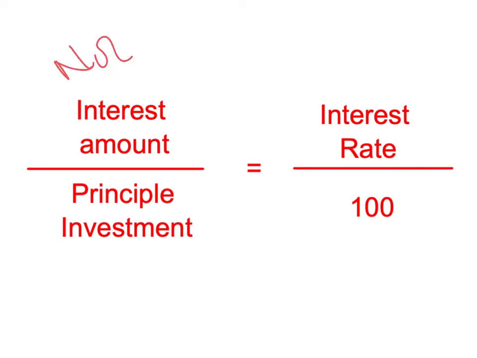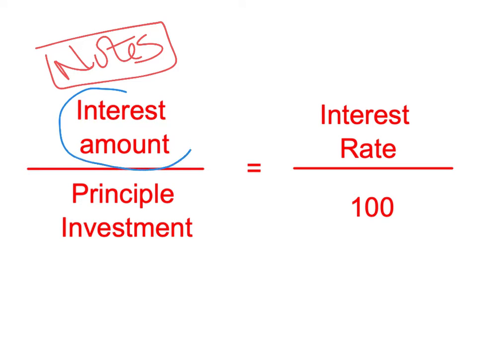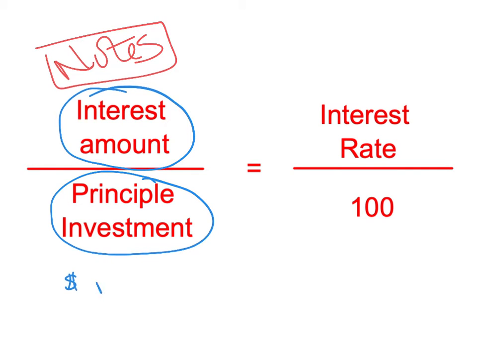This definitely goes into your notes, and just like always, right now we're setting it up differently. The vocabulary is different, but once you have your proportions set up, it isn't anything brand new. So we have the interest amount. We're going to be figuring out simple interest, and here's the interest amount on top of what we call the principal investment. This is how much money you put in or borrow or whatever it is.